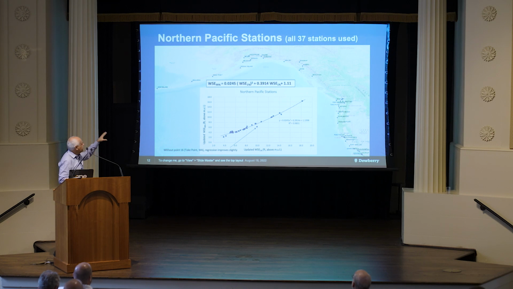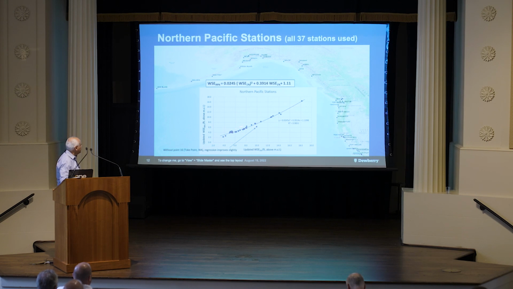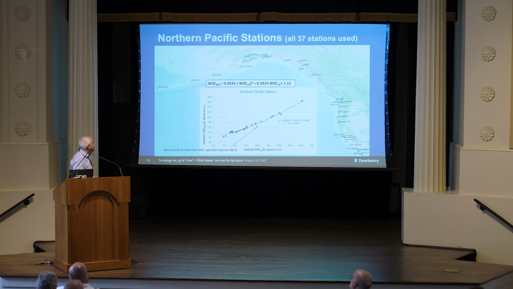So for Northern Pacific Station, using all of the 37 stations, I actually found a very good correlation. This equation has a very high R-square value and shows good correlation between the 1%, which is 100-year water surface elevation, and the 99%, which is the 1-year coastal elevation, which the R-squared can actually improve if we get rid of one of the points, which is the Tokyo point in Washington State.